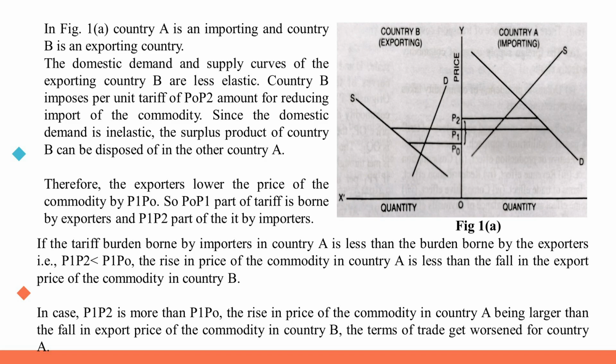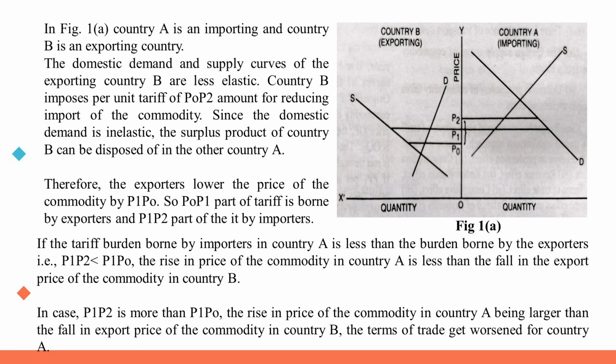The domestic demand and supply curves of the exporting country B are less elastic. Country B imposes a per unit tariff of P0 P2 amount for reducing import of the commodity.